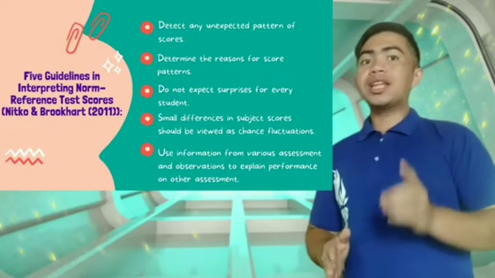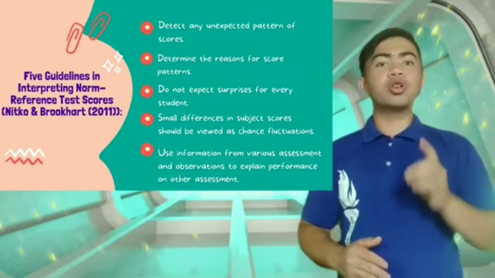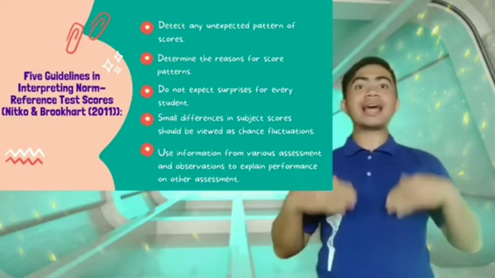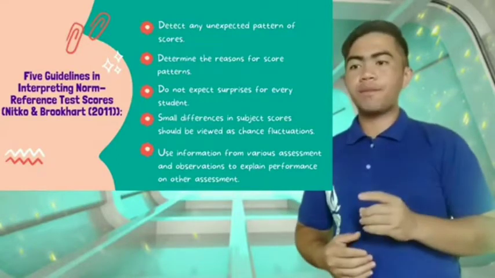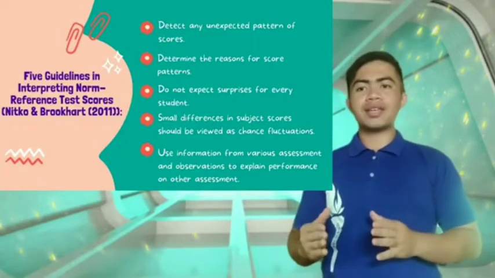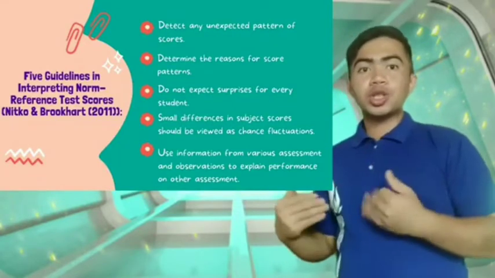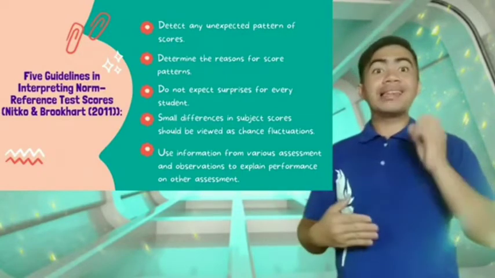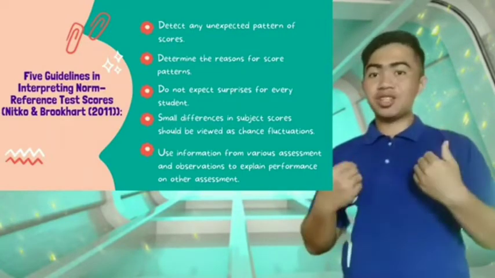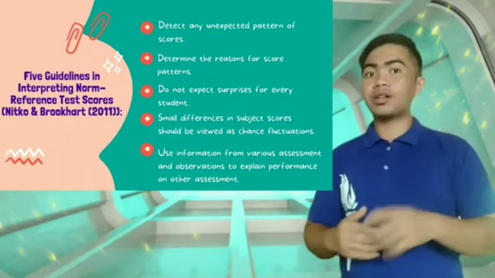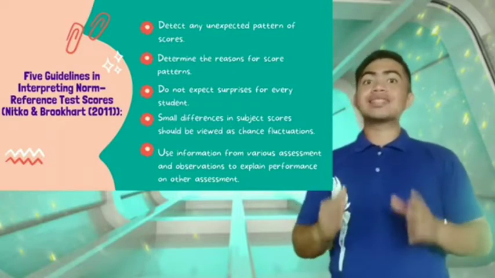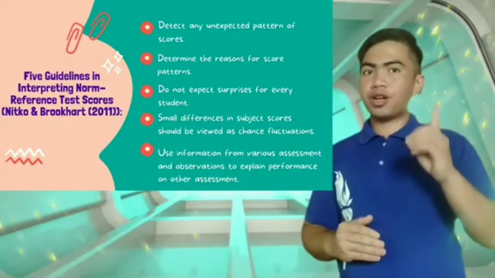As teachers, we need to look out for unusual, especially extreme, scores. If the student's test scores do not conform to our observation of the particular student, then we, as teachers, need to reflect on our instruction. That's the first one.